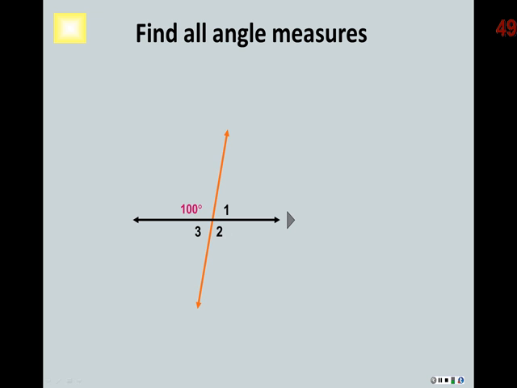And you're right, Natalia. Angle 1 would be 80 degrees, and so what's angle 3? 80. But first, if I have a vertical angle situation, I know the opposite angles are equal. That's the first thing I can label. Then I could do supplementary relationships with the side-by-side and the adjacent angles.